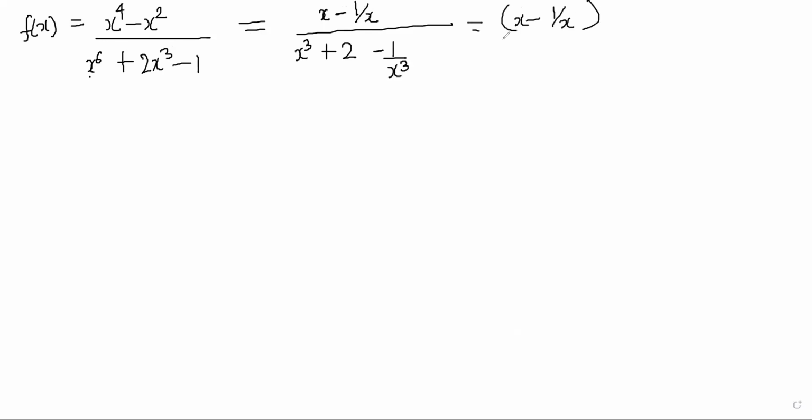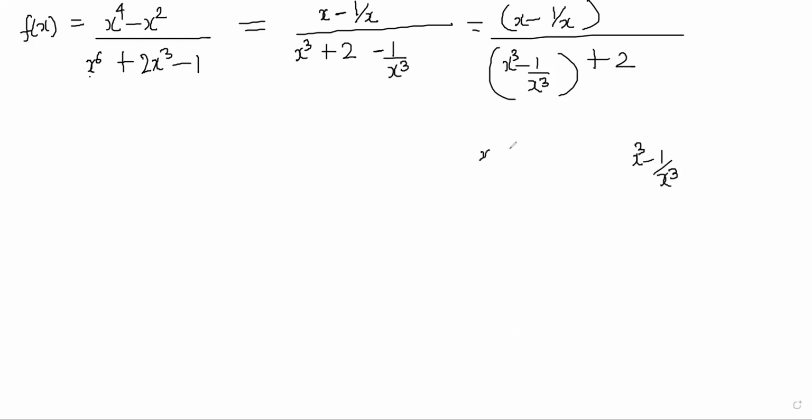x minus 1 by x is on top, and the denominator has x cube minus 1 by x cube whole plus 2. So x cube minus 1 by x cube, you know this identity: x minus 1 by x whole cube plus 3 times x minus 1 by x, right?